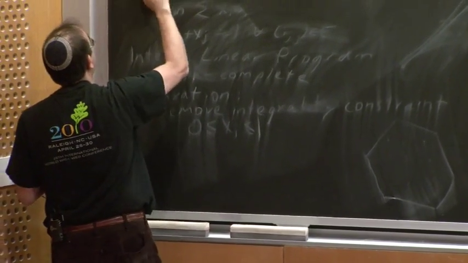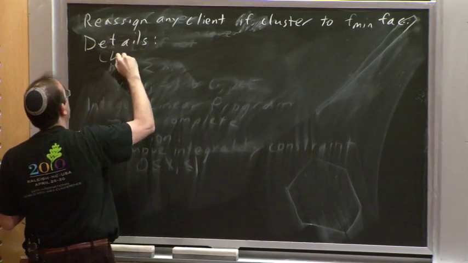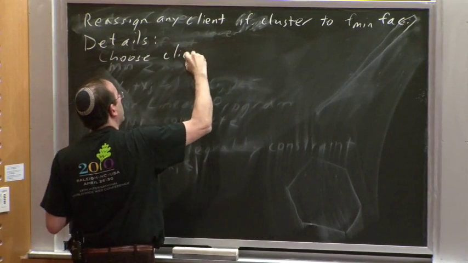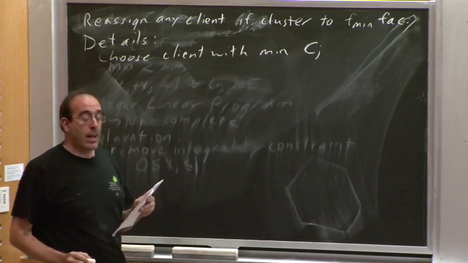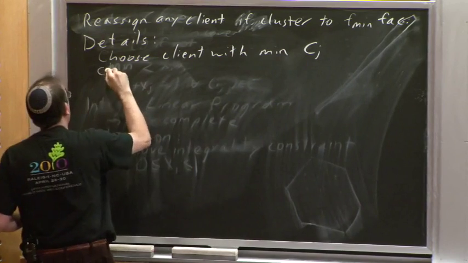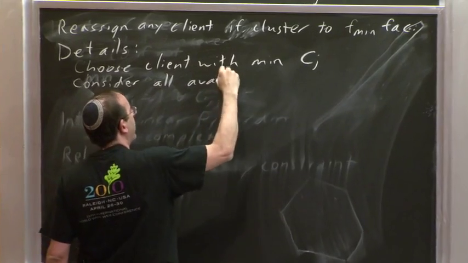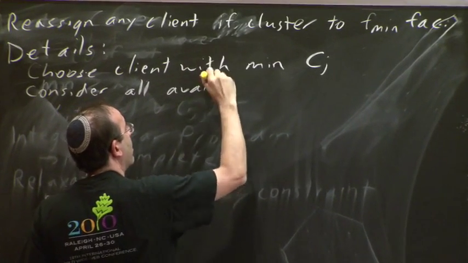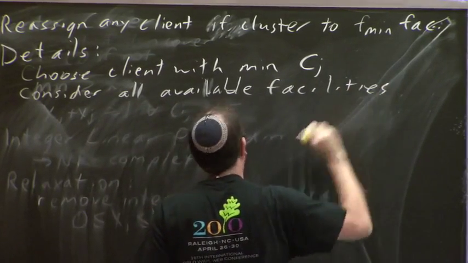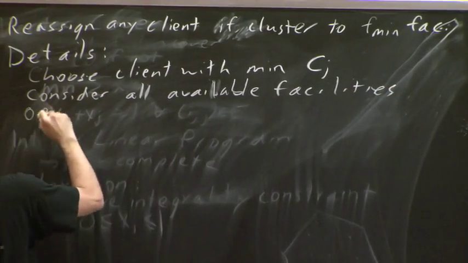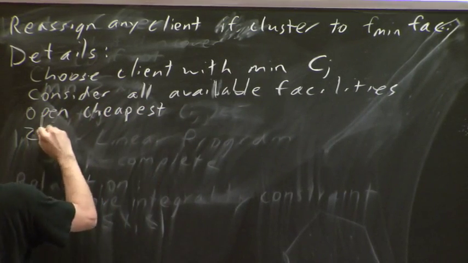So in particular, here's the details. I am going to choose the client with the minimum value of Cj that has not yet been assigned. Consider all his available facilities. And then open the cheapest and zero the others.